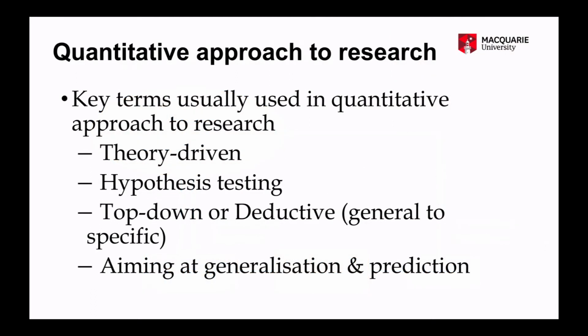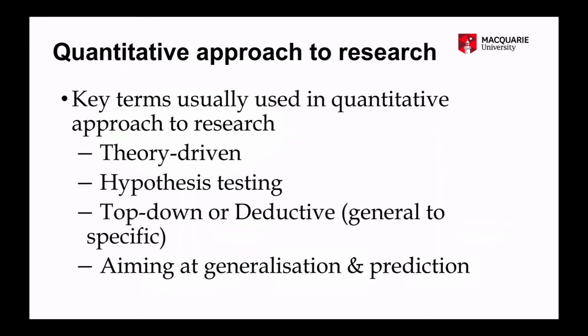Some key terms used in the description of quantitative approach to research are theory-driven, because usually quantitative research starts with a theory. The other key concept is hypothesis testing, because quantitative researchers are interested to test hypotheses related to the theory that informs their research.